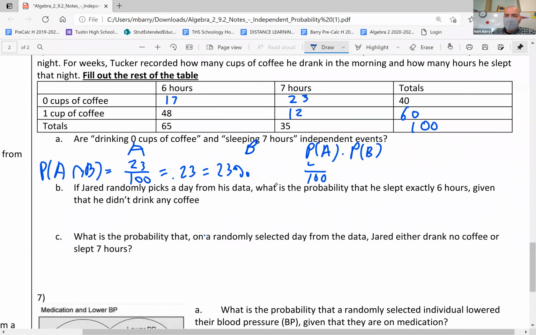The answer is going to be 40, because now I'm talking about all the people that drank 0 cups of coffee. So that's all 40 of these people over here, these 17 and these 23 people. I'm going to multiply that by the probability that somebody slept 7 hours. So out of everybody, how many people slept a total of 7 hours? That would be 35.